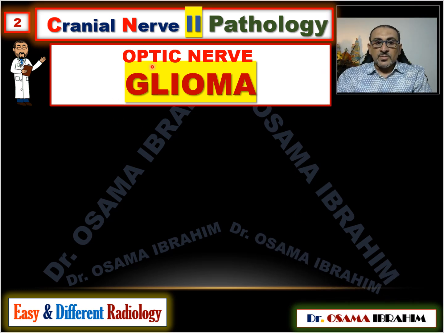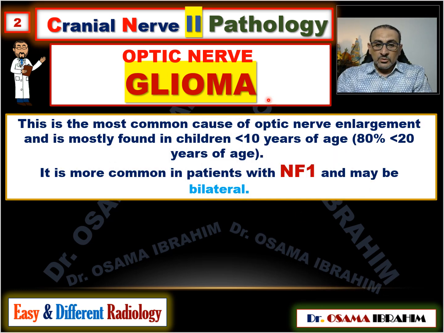Let us talk first about the optic nerve glioma. The optic nerve glioma is the most common cause of optic nerve enlargement, and it is found in children, 80% of them less than 10 years of age and 20% less than 20 years.